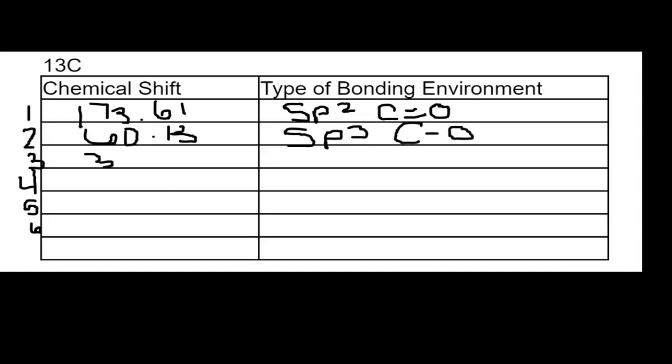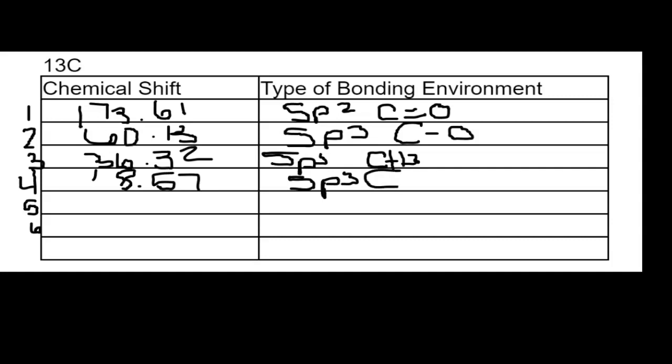3 would be 36.32. That will also be sp3, but with CH3. 4 will be 18.57, which would be sp3, CH2.